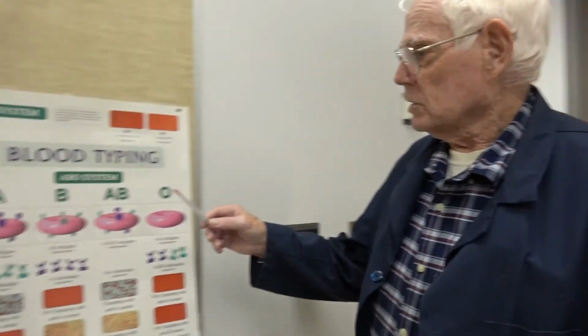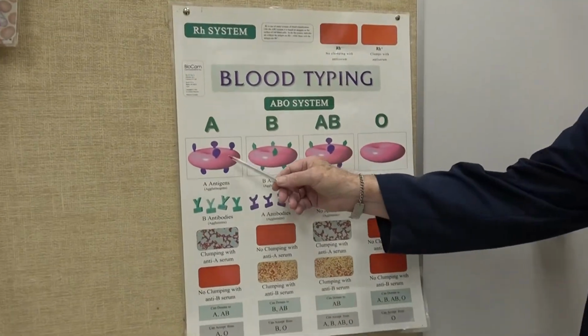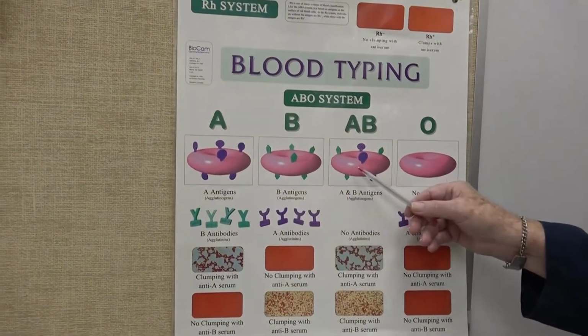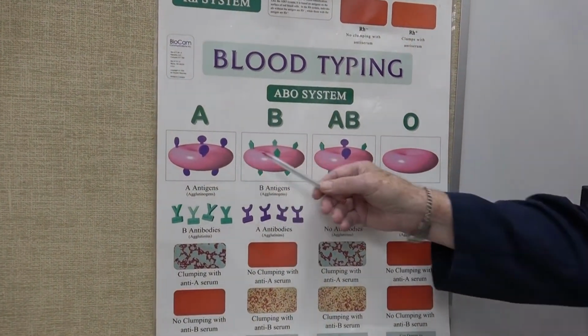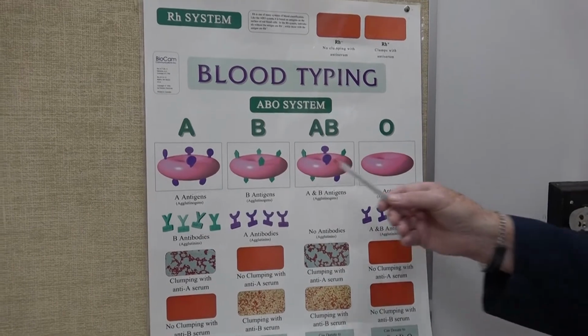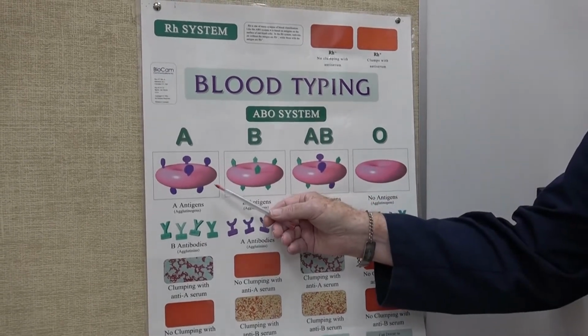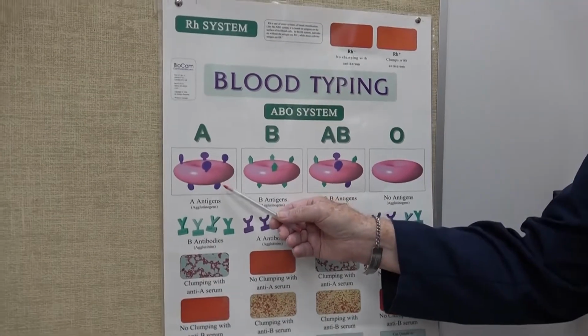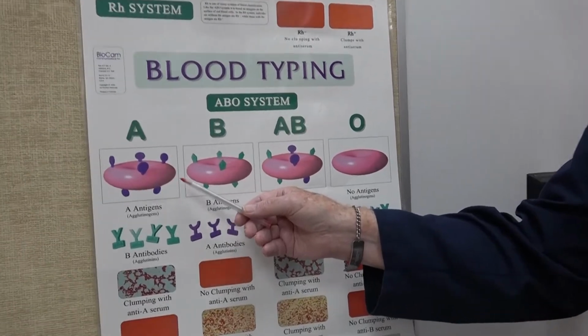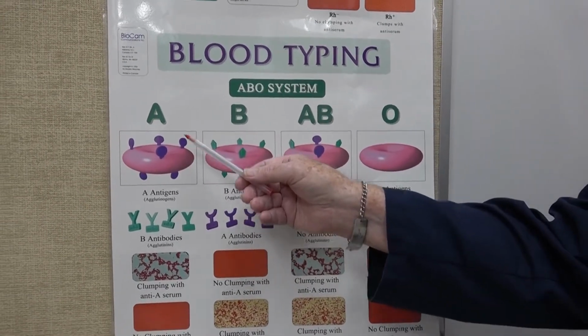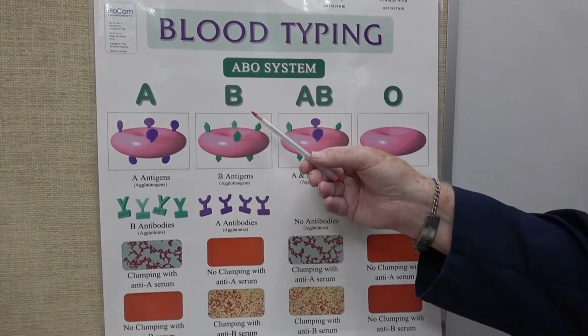Hi, this is an example of our blood typing system that I want to show you. If you look at this chart here, you see that we have red blood cells. And red blood cells have antigens on the surface, which are proteins. The particular ones we're after today are the A and B antigen.